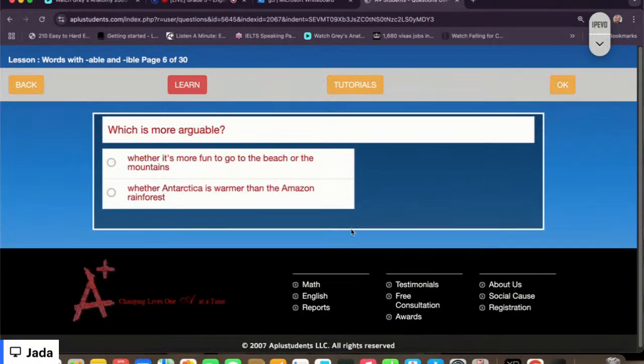Then, which is more arguable? Whether it's more fun to go to the beach or the mountains, or whether Antarctica is warmer than the Amazon rainforest. So, which is more arguable?